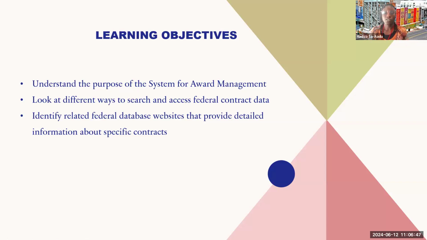We are also aiming to look at different ways to search and access federal contract data to allow people to get more familiar with what that actually looks like. And last but not least, we are identifying related federal database websites that provide detailed information about specific contracts.